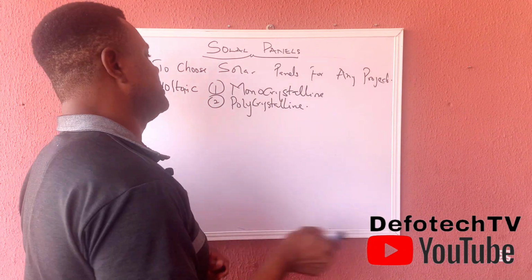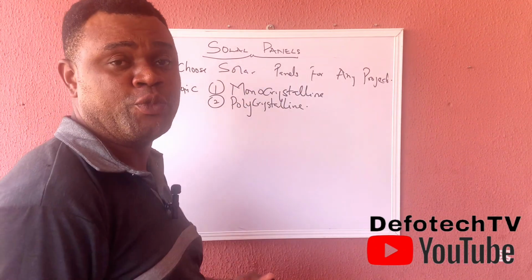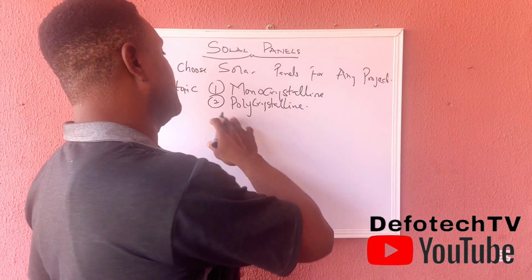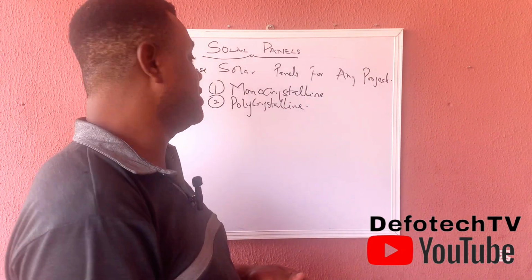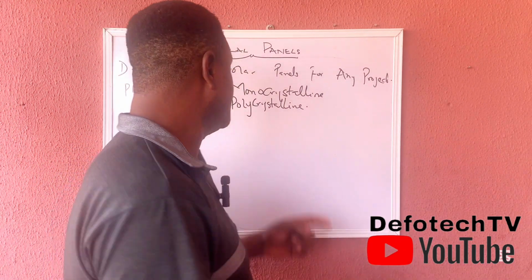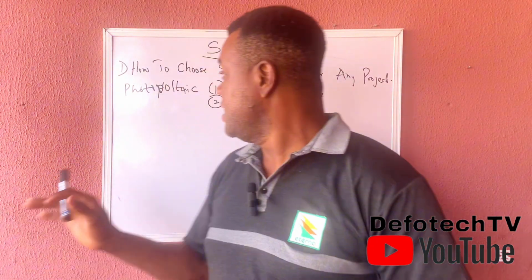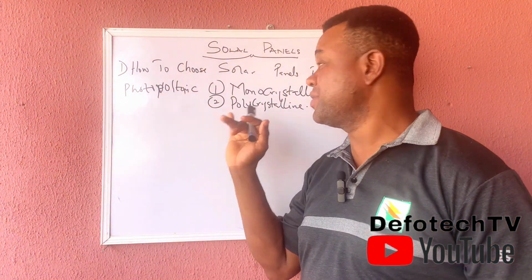Most times we take them as the mono. Most of us in the field will always say either the mono or the poly. Instead of saying monocrystalline, you just get to the market and say you want the mono or the poly. Well, that's just the lame word, but whatever it is, it's the monocrystalline and the polycrystalline.